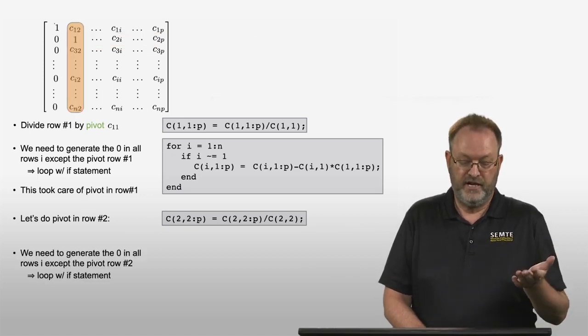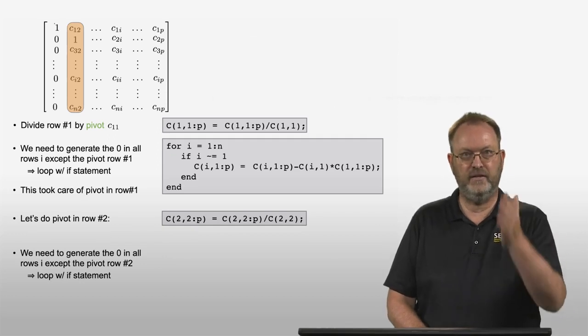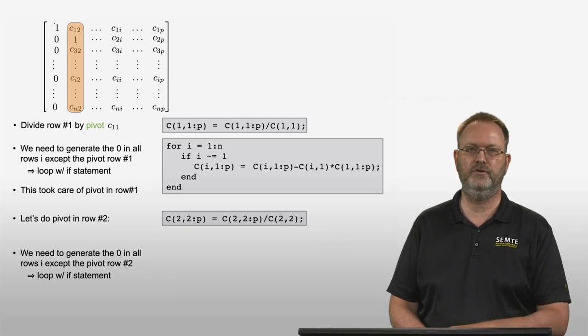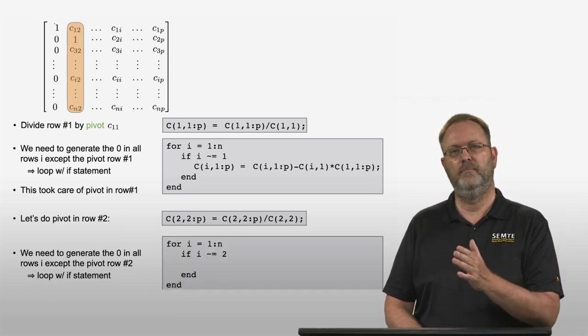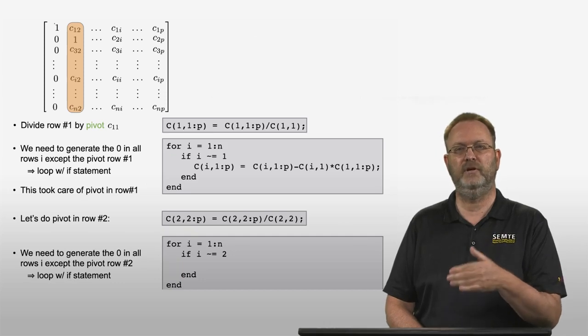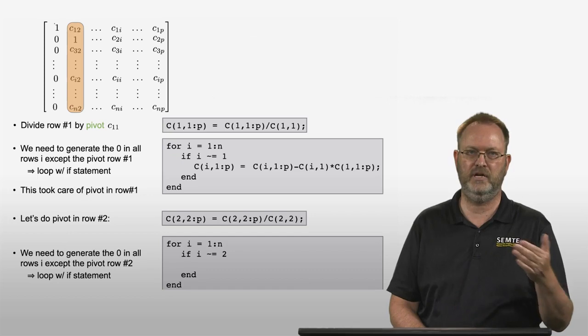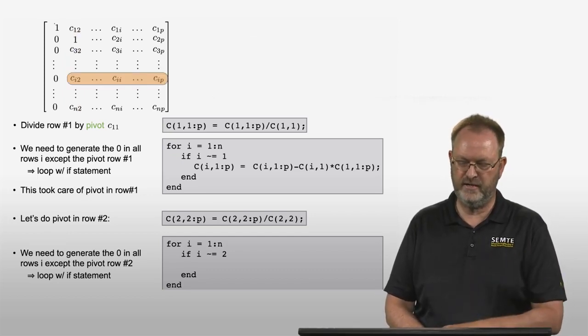And now we need to generate the 0 in all rows in the second column, except for row number 2. So we again do a loop. We loop over all rows, but we don't do anything if I is equal to 2. If we're not in the second row, my pivot row, then we generate the 0 there.